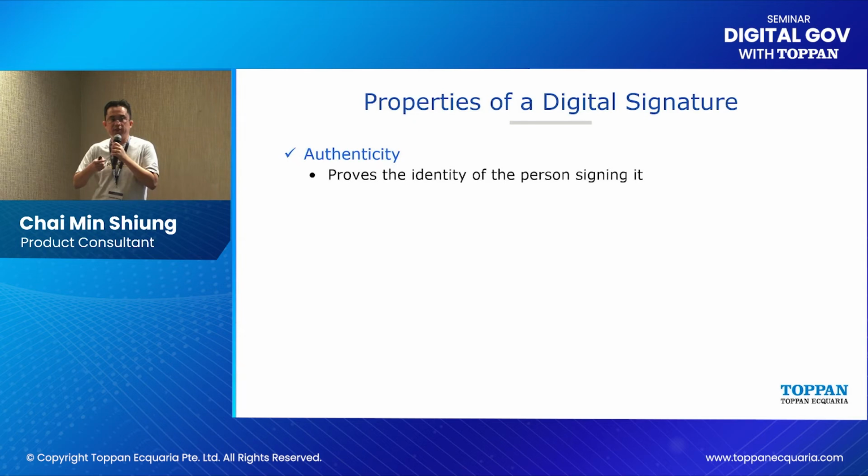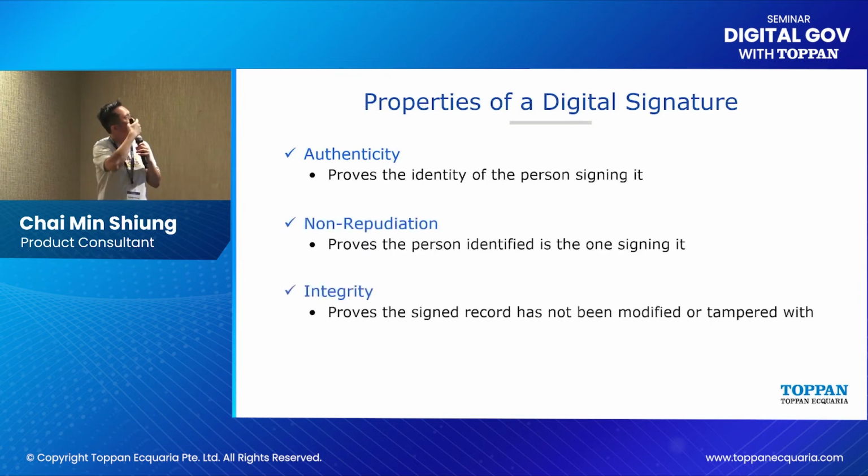So it provides you the assurance that the signature is authentic, it has integrity, and it cannot be tampered with. So these three properties: the person who signed this document, Mr. John Doe, he cannot deny that he signed the document. And finally, the signed record has not been tampered with.